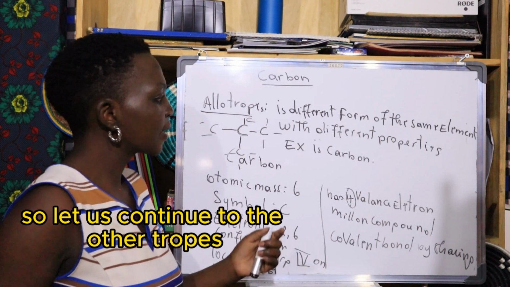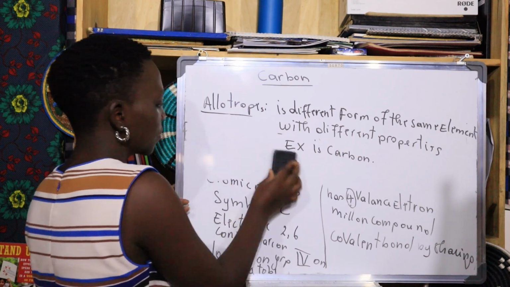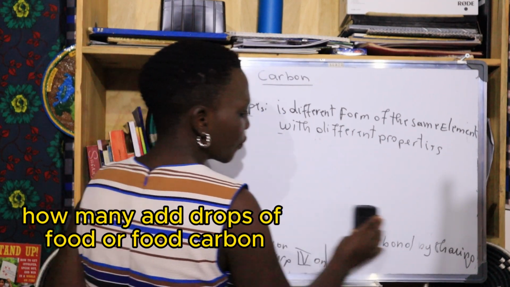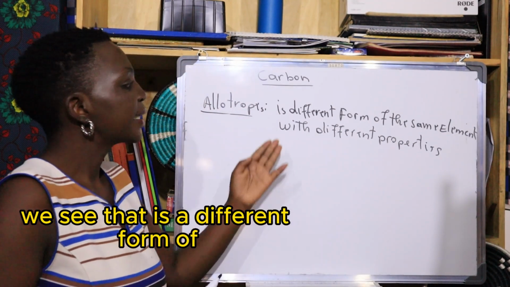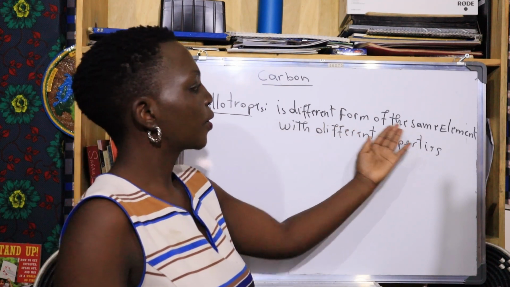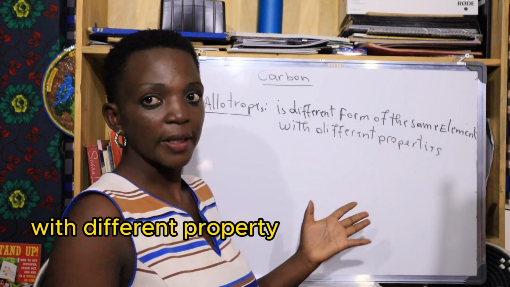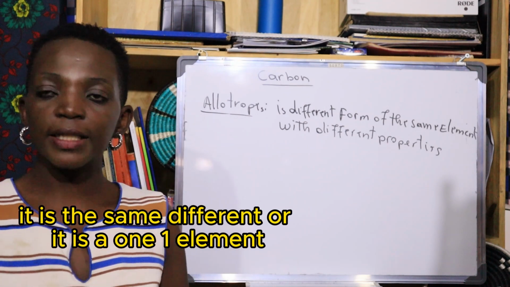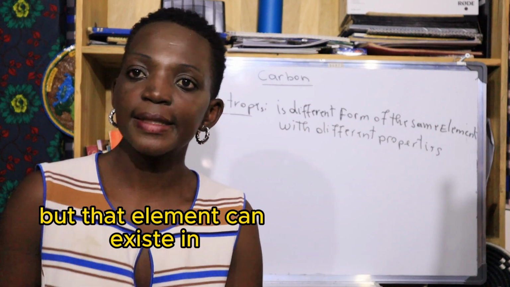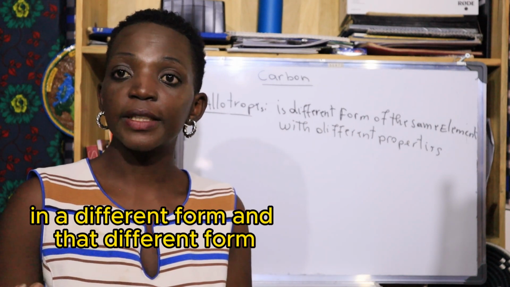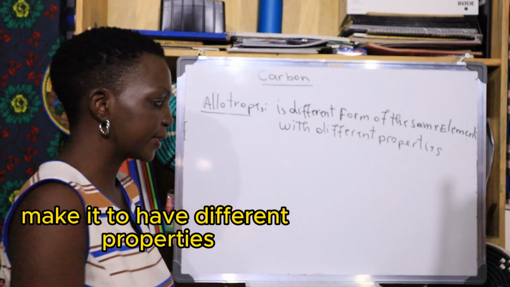So let us continue to the allotropes. How many allotropes of carbon are there? We see that allotropes are different forms of the same element with different properties. It is one element, but that element can exist in different forms, and those different forms give it different properties.